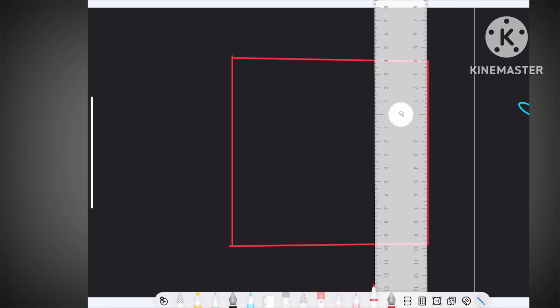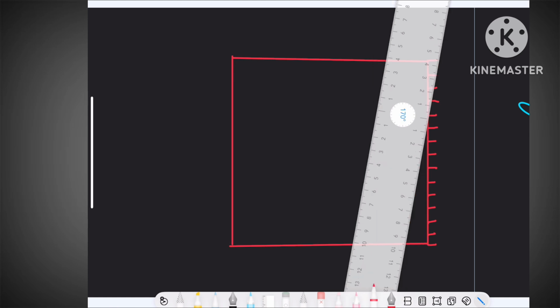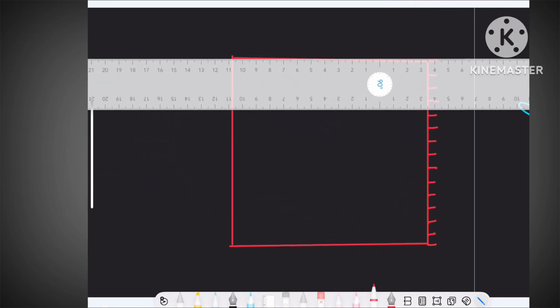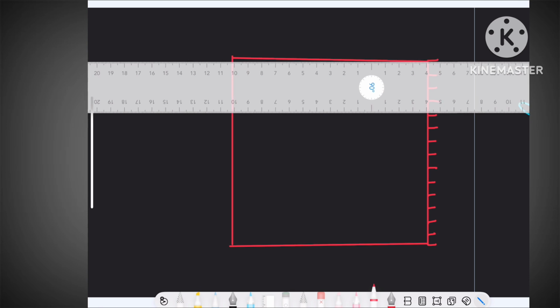This one, this one, this one, this one, and this also. Okay, done. Here, we'll also need points on the vertical line.